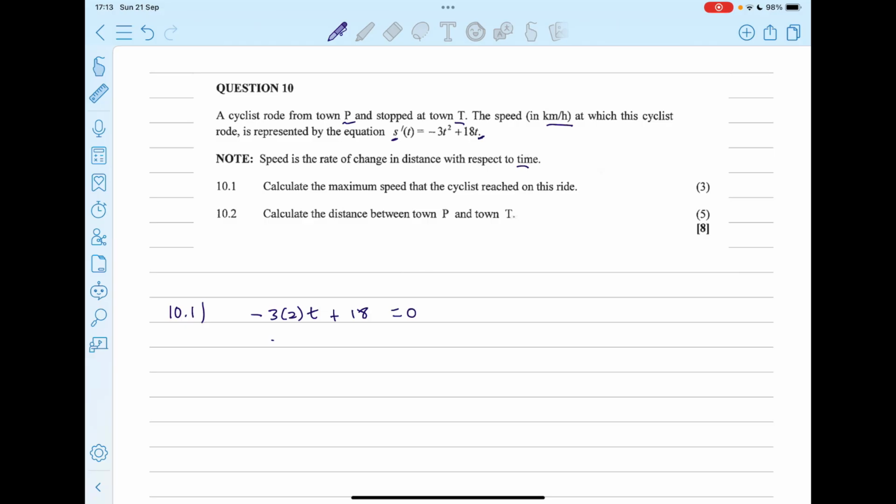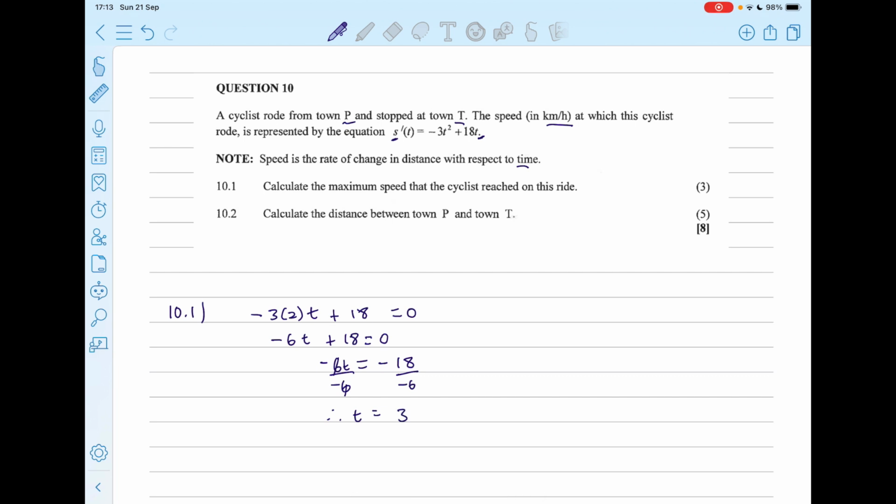Simplifying this is negative 6t plus 18 equals 0. Negative 6t is equal to negative 18. Dividing both sides by negative 6, we get t being equal to 3.